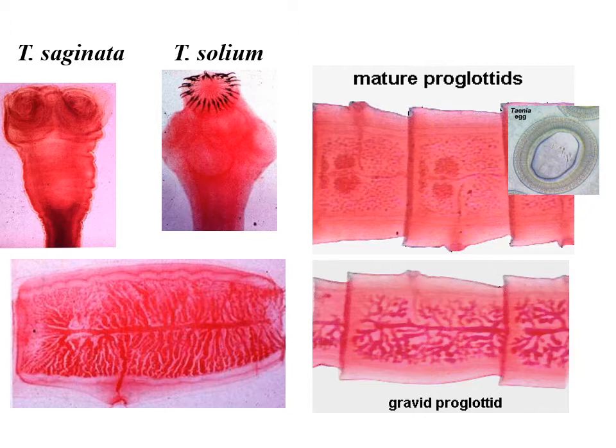The last part of the worm, which is the oldest part containing the oldest segments, usually the female uterus elaborates, and the male and female reproductive systems disintegrate. So the old segments just become sacs full of eggs. The uterus will be highly branched, and it shows many branches, and all of them are just filled up with eggs.